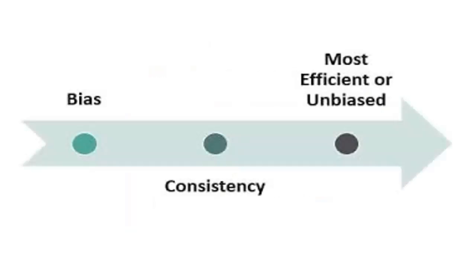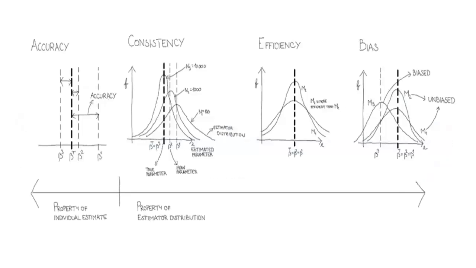This flowchart or diagram represents this idea very well: the most efficient or unbiased estimator, from bias to consistency, and we are approaching the most efficient or unbiased estimators. So this diagram represents efficiency more clearly.